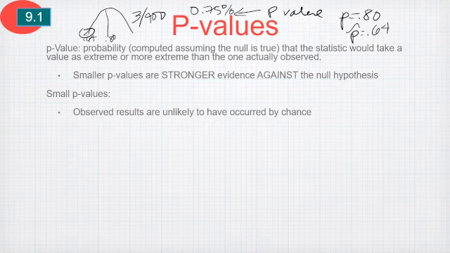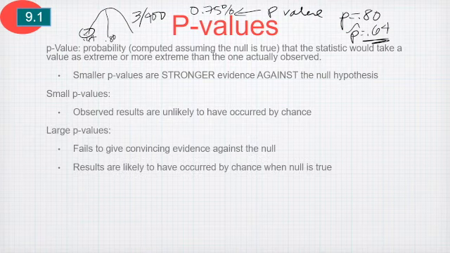So it's unlikely that if she truly hit 80% of her free throws, we would have gotten this percentage by chance. If you have a really large p-value, it fails to give convincing evidence against the null hypothesis. So the results are likely to have occurred by chance when the null is true.